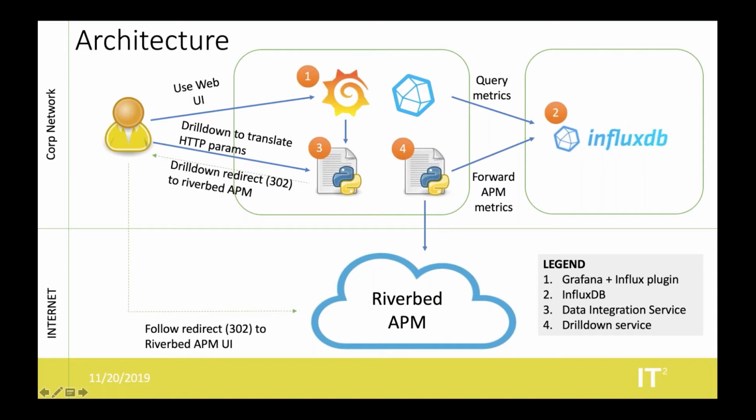So all in all, that's the way the deployment works. You can deploy it on Kubernetes cluster in the Fargate serverless type scenario or Docker Swarm, depending on whatever you're using. So it's very agnostic. You deploy the container that continuously pulls the data from Riverbed APM, metrics and events, and stores them in the InfluxDB database.